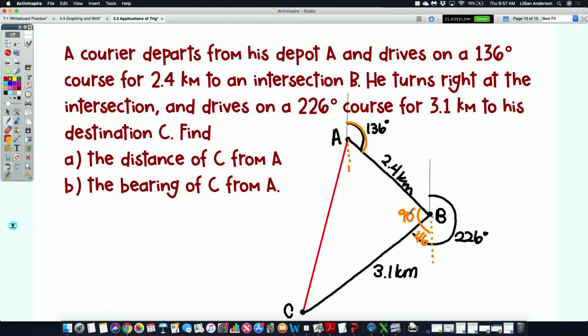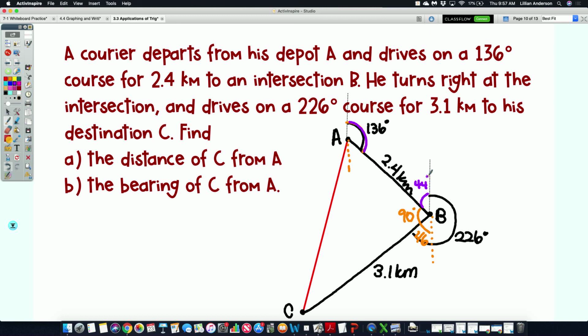Another way you could do it, don't forget, outside of alternate interior angles, you have those two. What are those called? Not corresponding. They were consecutive interior, same side interior, and they were the only ones that were supplementary.